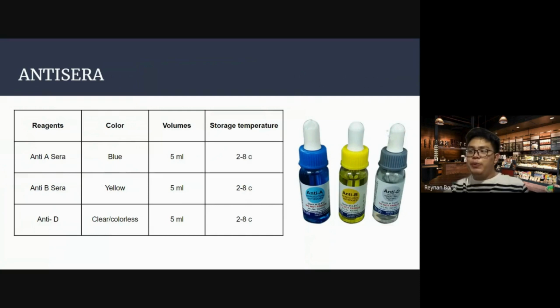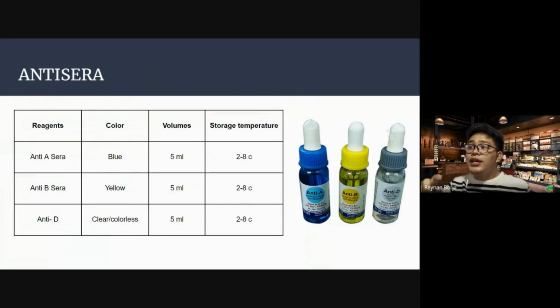Siyempre, kung Rh positive si patient, A positive si patient, walang A positive sa buong Pilipinas. Ano yung next mong isalin? Your O positive na PAC-RBC. Bakit PAC-RBC, sir? Remember, saan nakukuha si antigen? Sa surface ng RBC.